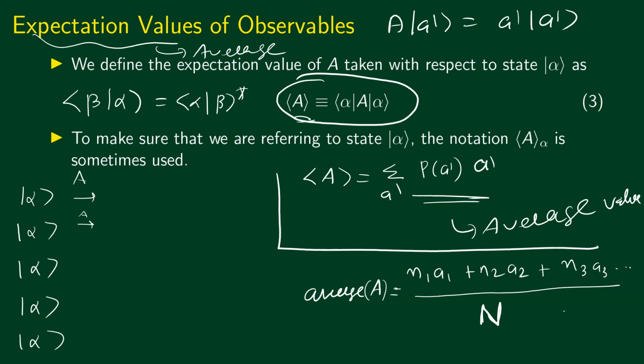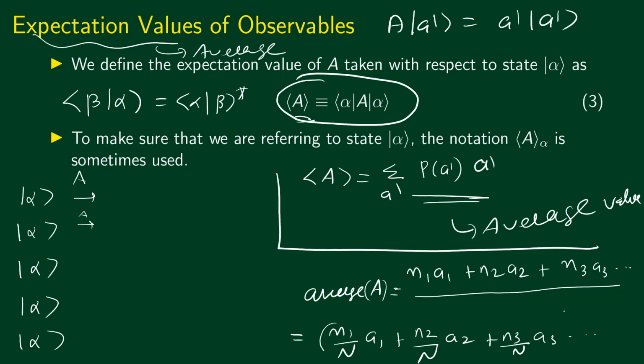Now I can write this as n1 divided by N multiplied by a1 plus n2 divided by N multiplied by a2 plus n3 divided by capital N multiplied by a3, etc. Now what is this?